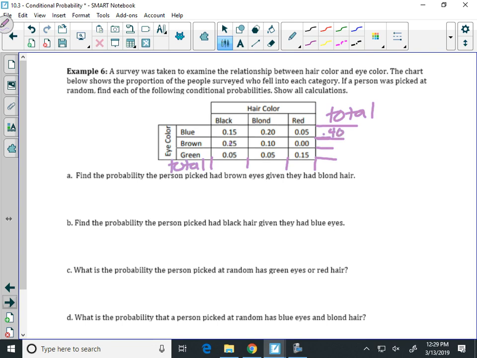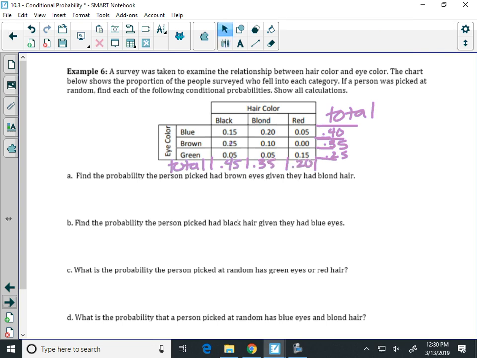Good. For brown, 0.25 plus 0.10 plus nothing. 0.35. Add the bottom up for green. What do we get? 0.25. What do we get for the total for black hair? 0.45. What do we get for blonde hair? 0.35. And what do we get for red hair?